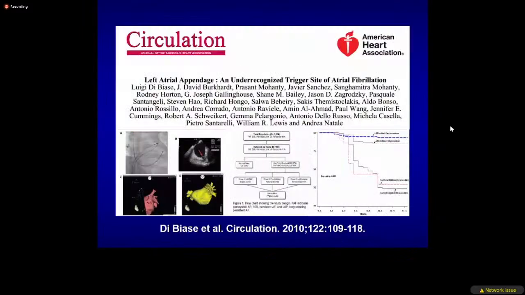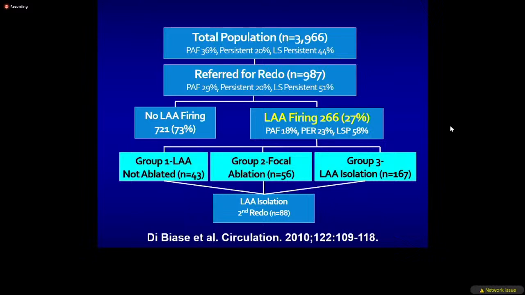It's a large series of people with multiple failed procedures, so not your first time, although we do the isoproterenol testing every time. In this group the pulmonary veins clearly were not the problem at that point, and about 27% had clearly something in the appendage. I want to mention the majority of those were non-sustained. Okay, so this is important.